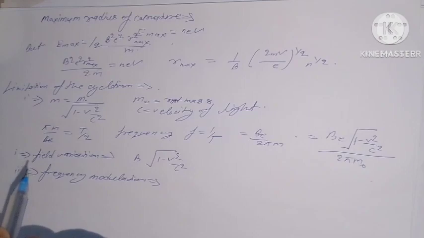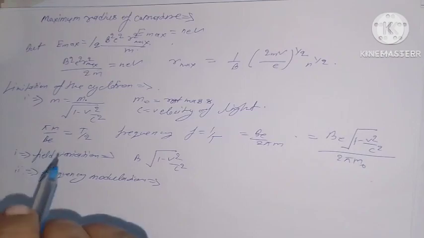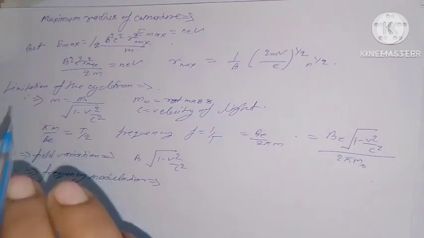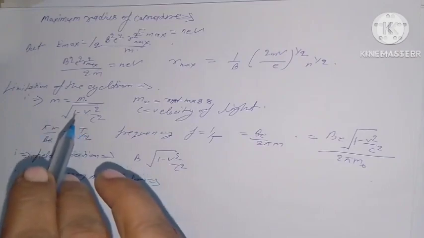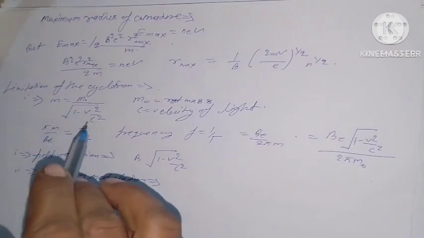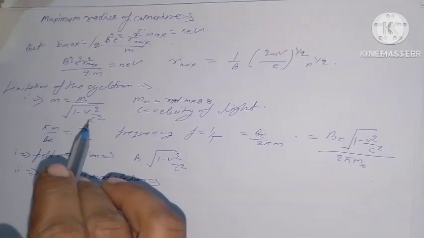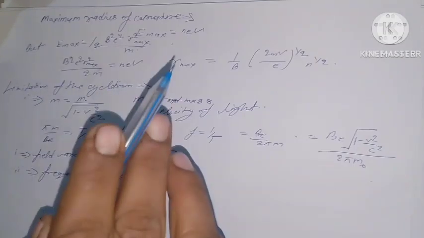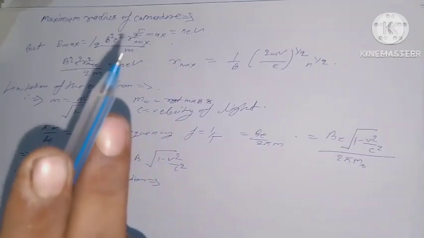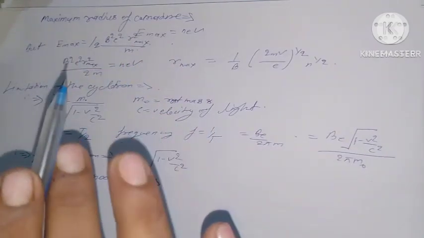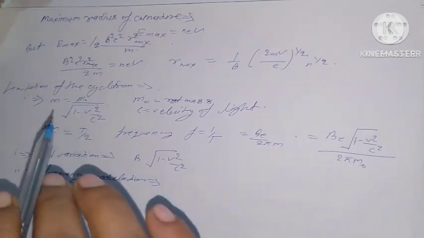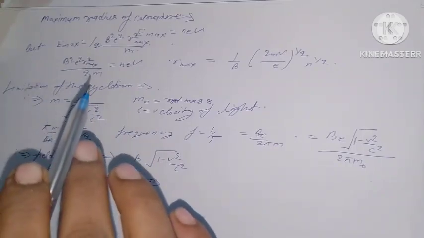The machine in which the frequency of the electric field is kept constant and the magnetic field is varied is called a synchrocyclotron. Whereas the machine in which the magnetic field is kept constant and the frequency of the applied electric field is varied is known as a frequency modulation cyclotron or synchrocyclotron.